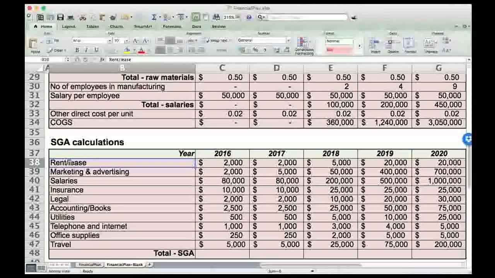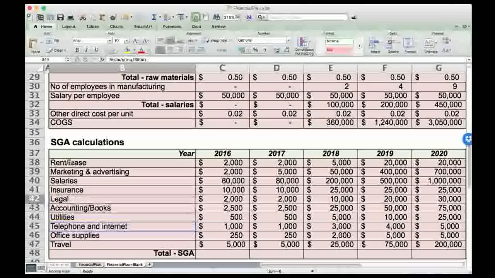So some examples are rent, marketing and advertising costs, salaries that would go for, let's say, marketing and your administrative purposes, insurance, legal expenses, accounting, utilities, telephone, internet, office supplies, travel, and there may be some additional items.